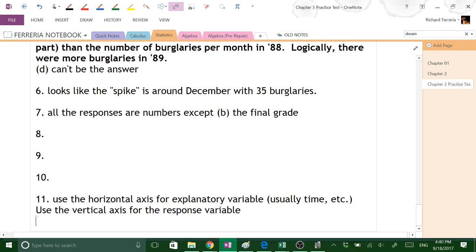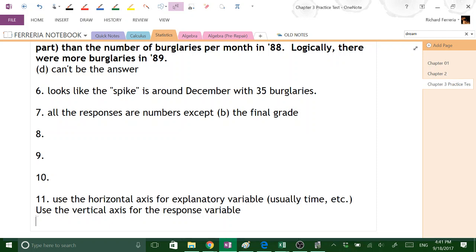Okay. Let's see. C, use different plotting symbols depending on whether the explanatory variable is categorical or the response variable is categorical. Well, if you're making a scatter plot, both of those variables should be numerical. So it makes no sense to have one of them be categorical. Use a plotting scale that makes the overall trend roughly linear, and that's actually really discouraged.